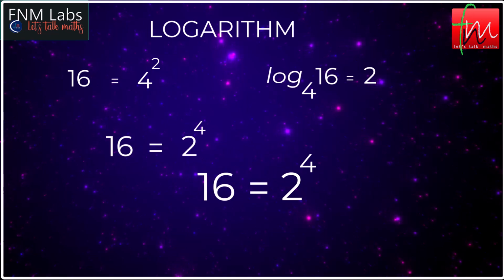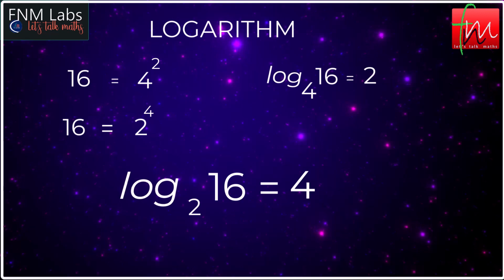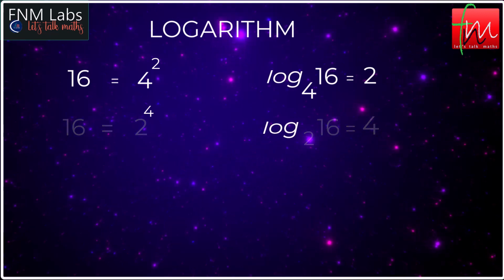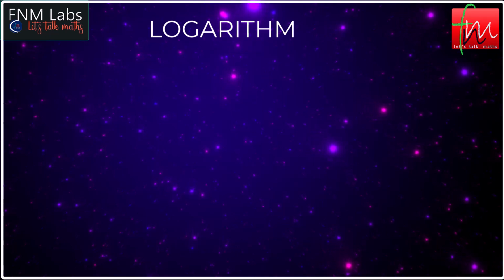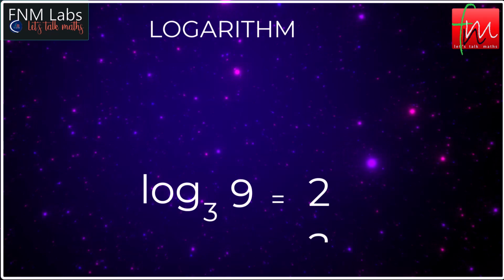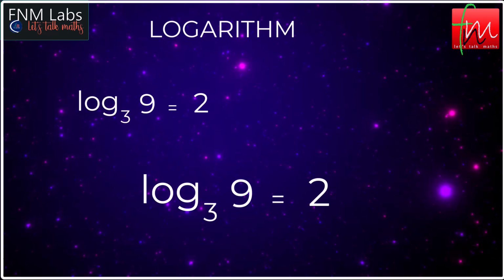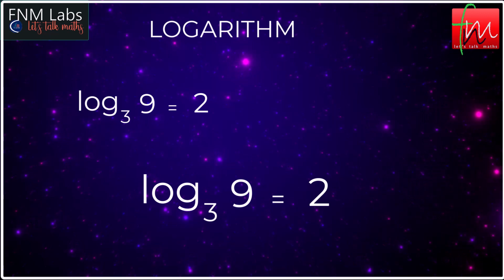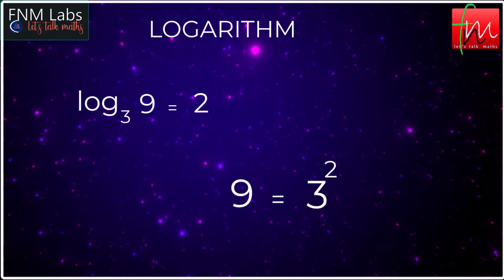So we say log 16 to the base 2 is 4. From the logarithmic expression, we can go back to its exponential notation easily. For example, log of 9 to the base 3 is 2. In the reverse way, this can be written in exponential form as 3 raised to the power 2 is 9.